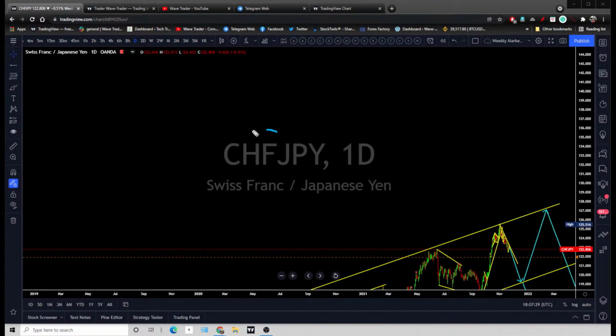Right now we can see that we are having a divergence in policy between the Swiss National Bank and the Bank of Japan. The Bank of Japan is not having any problem with yen weakness, but the Swiss National Bank is struggling against the Chf strength.